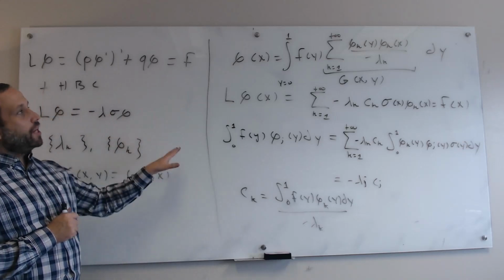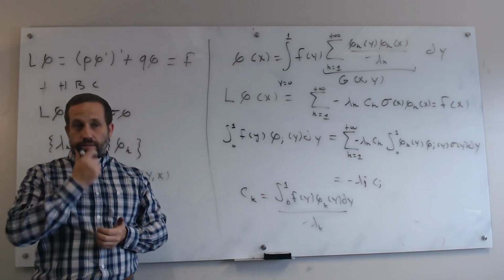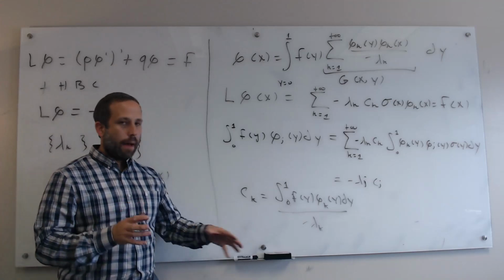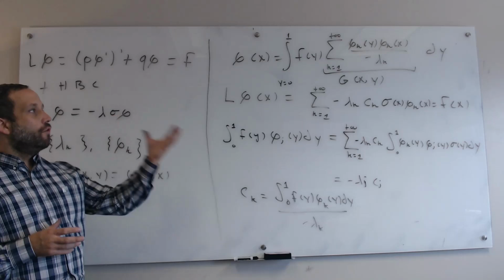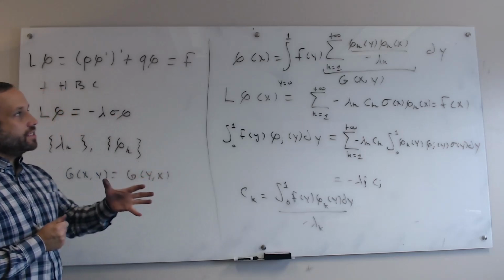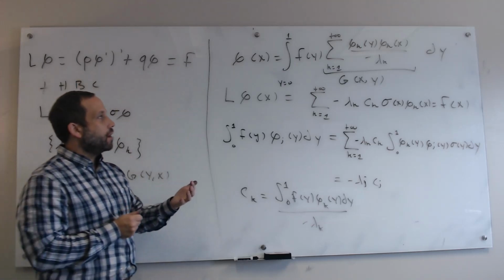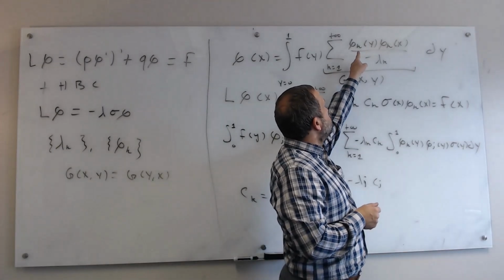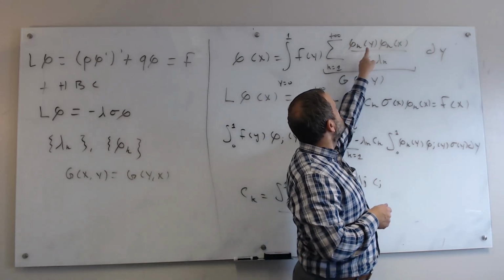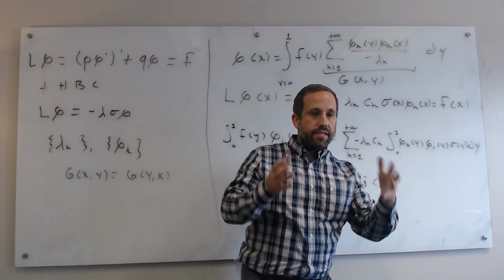Okay, now in the next video, I'm going to show you some other properties that G satisfies. And with that, we're going to be able to get an explicit formula for G, at least for specific problems. For example, in the easiest case, when P is equal to 1 and Q is equal to 0, and we have Dirichlet boundary conditions, this is going to be a sum of sine of k pi y, sine of k pi x, divided by minus k pi squared.